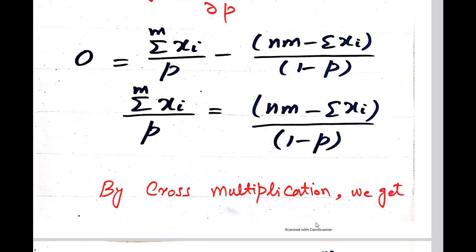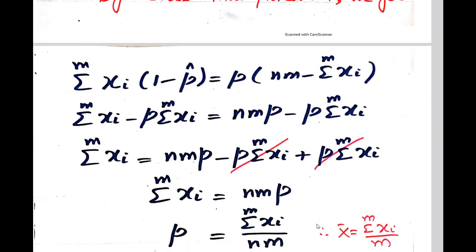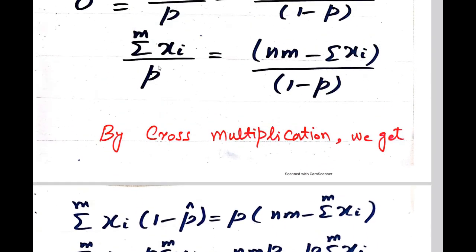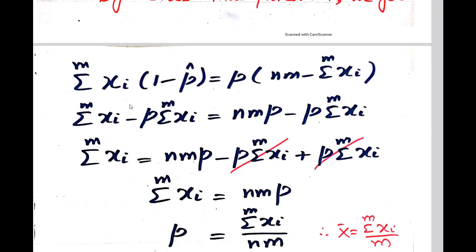By cross multiplication we get sum of m xi times (1 minus p) equals p times (nm minus sum of xi). Multiplying inside: sum of xi minus p sum of xi equals nmp minus p sum of xi.